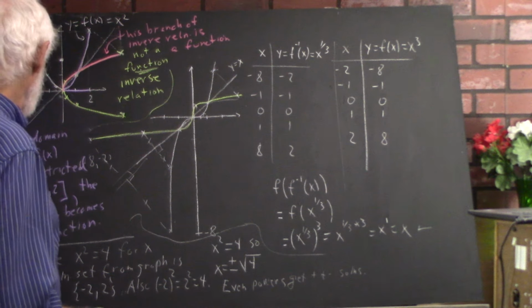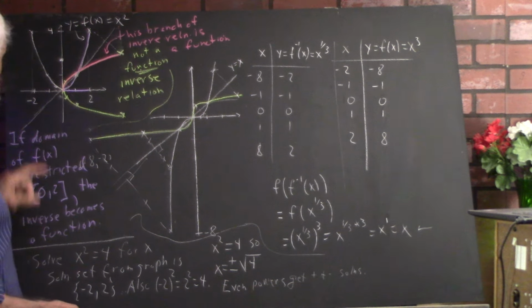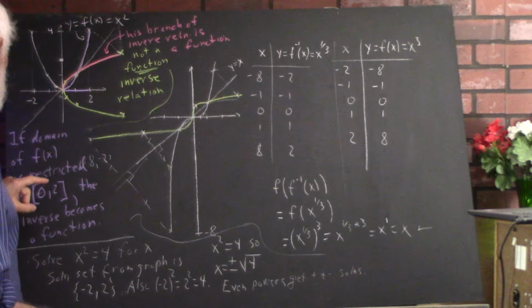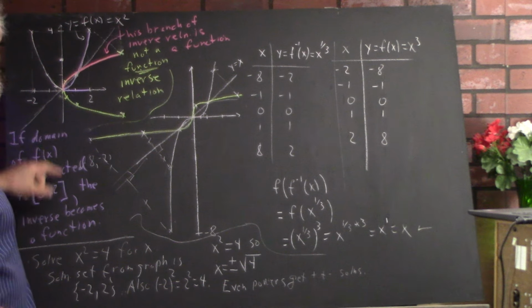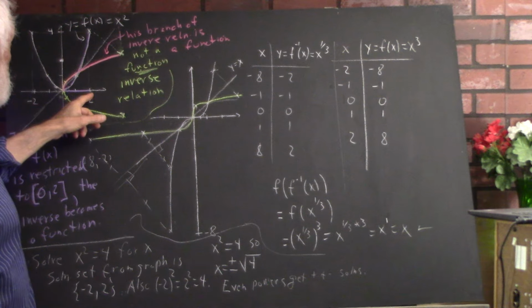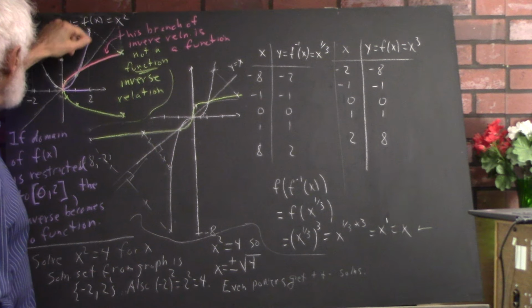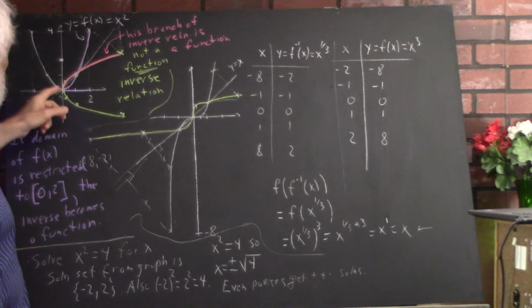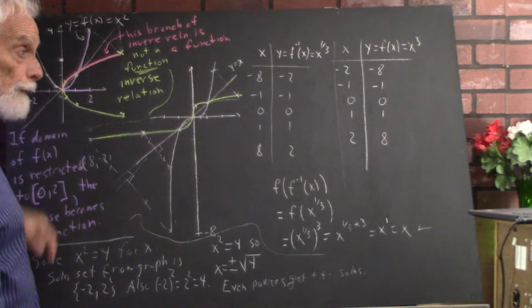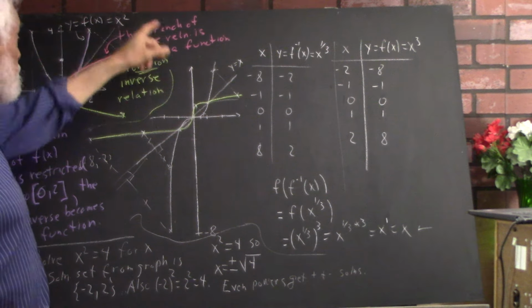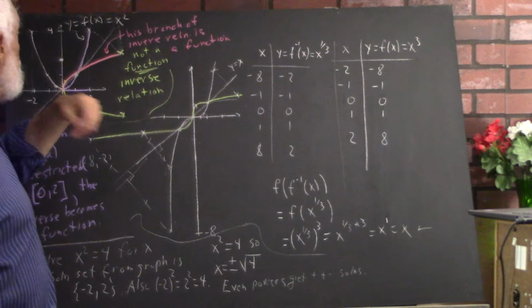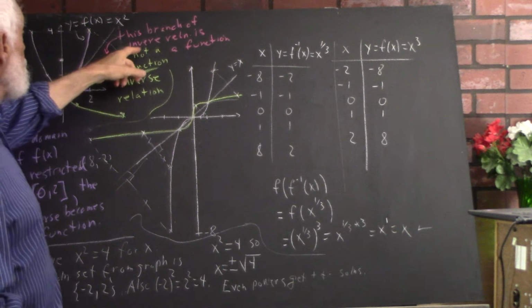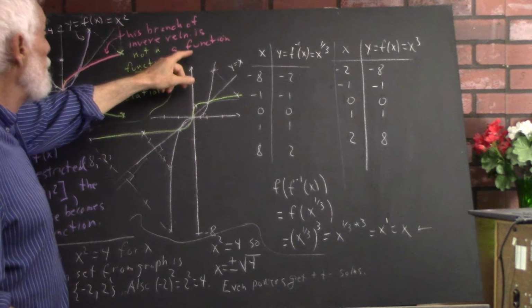Okay? Well, if the domain of f of x is then restricted to the interval 0, 2, here's the interval 0, 2, you get the points in purple. If you invert that part of the graph, you get this red graph, which is a function, and we call that, first of all, this branch of the inverse relation is a function.